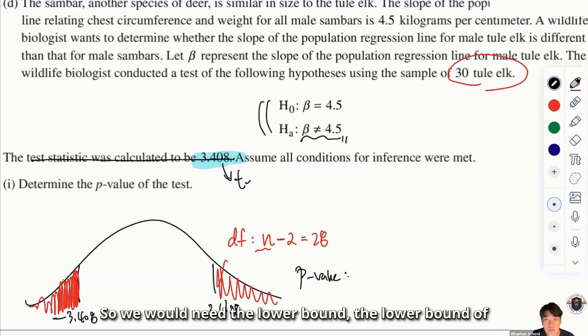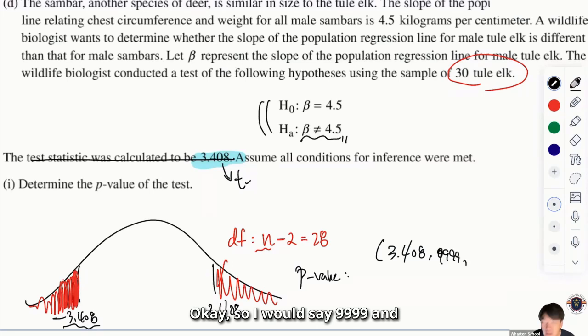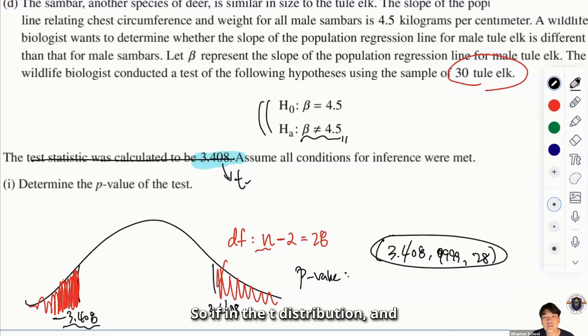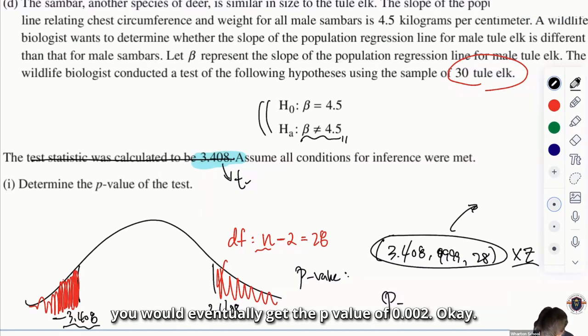We would need the lower bound of 3.408, and the upper bound is just the maximum value, so I would say 9999, and then the degrees of freedom, 28. In the t-distribution, and multiplying by two for both tails, if you look up these values in the table, you would eventually get a p-value of 0.002.